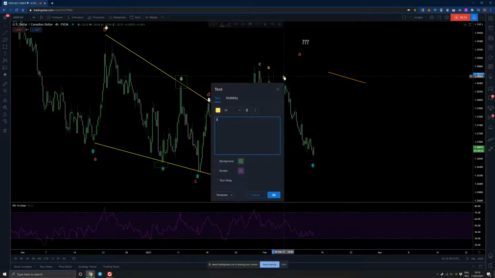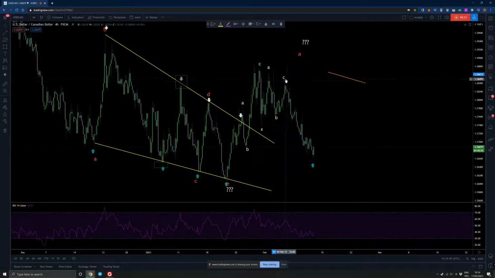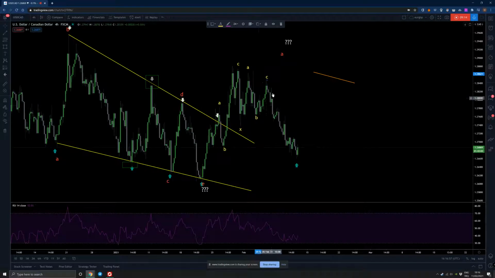Or it can be something like, I don't know. This pattern in itself does actually look like a triangle, but it is actually looking something like A, B, and C to me. However, maybe on one lower degree or something, I'm sure we can find a triangle here as well.